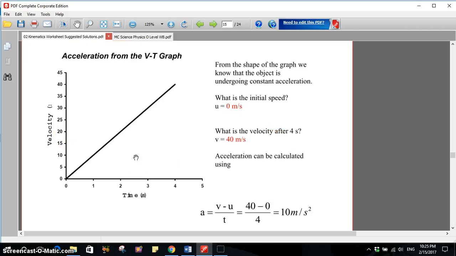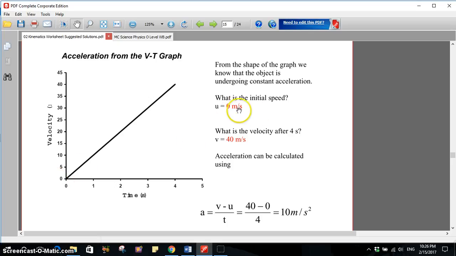Now for those of you who do not like to use y2 minus y1 divided by x2 minus x1, you can also make use of the formula a equals v minus u over t to work out your acceleration from the graph. So let's take a look at this graph. Can you see that over here you start with 0?